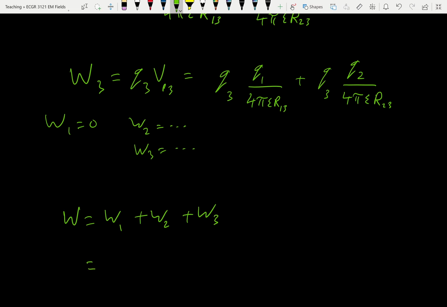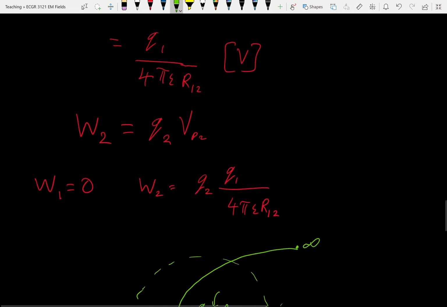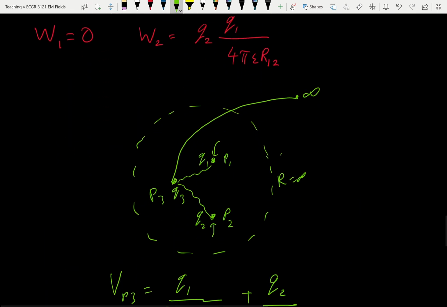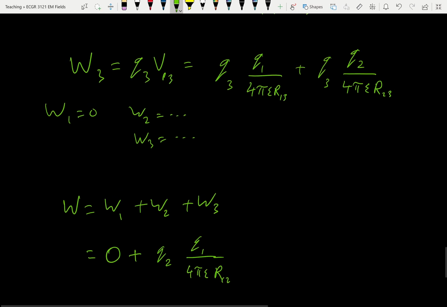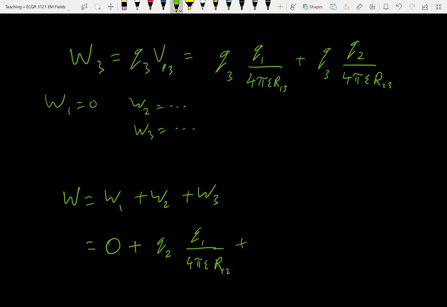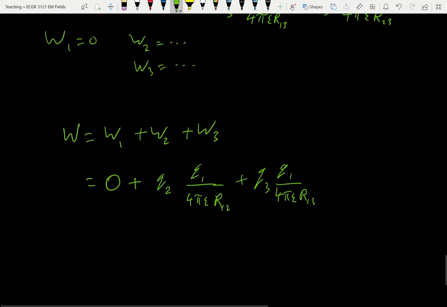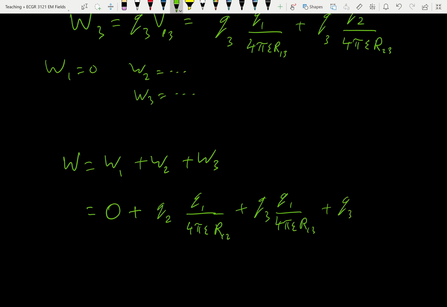W1 is 0, W2 is Q2 Q1 over 4 pi epsilon R1,2, and W3 is Q3 Q1 over 4 pi epsilon R13 plus Q3 Q2 over 4 pi epsilon R23.